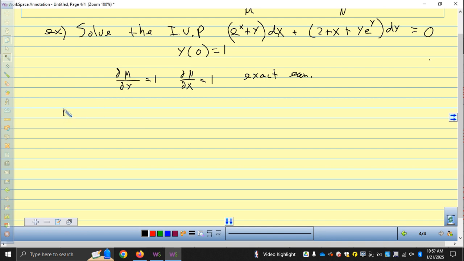So I'm going to integrate M with respect to x. So I'm going to integrate e to the x plus y dx.